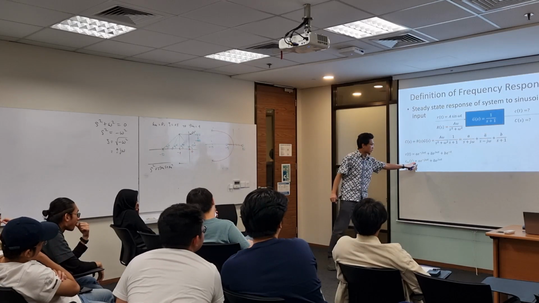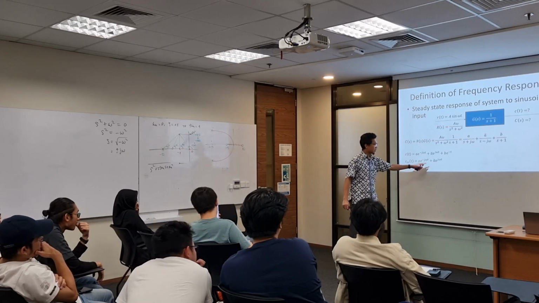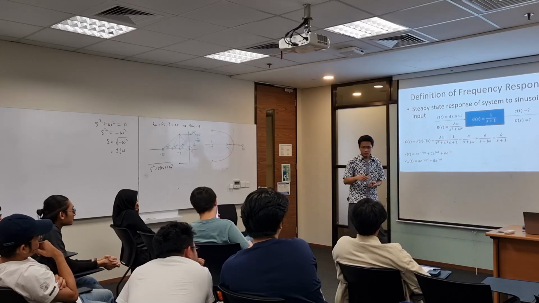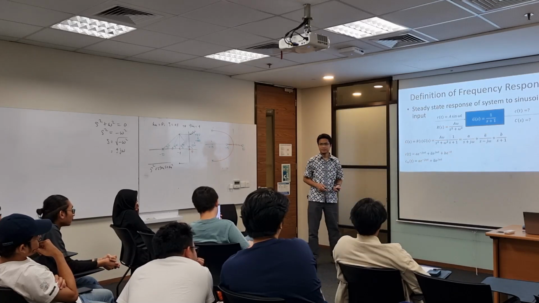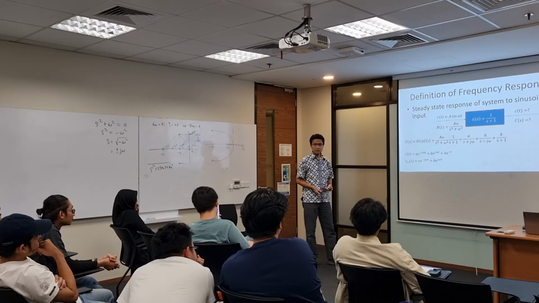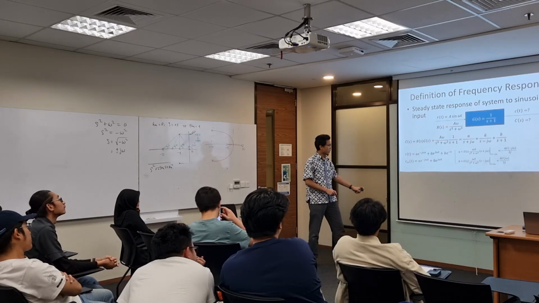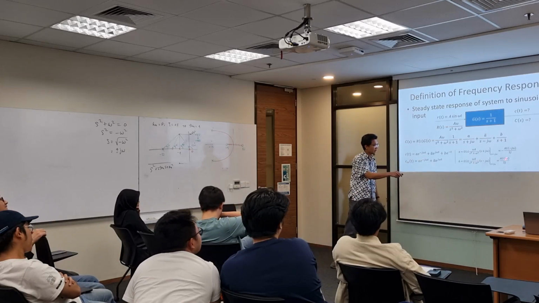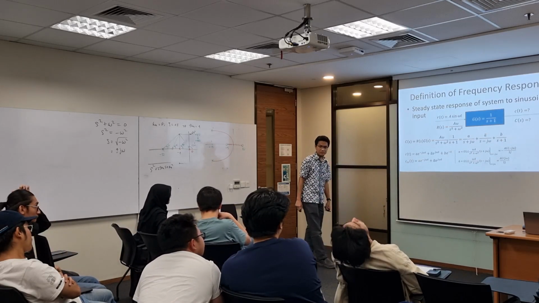This one will remain. This one, as time goes to infinity, will die out. Agree with me? And so this is how we get A and A bar. That's the derivation.